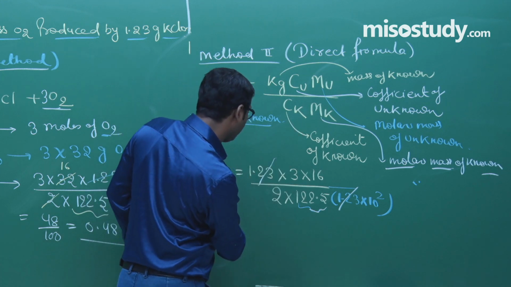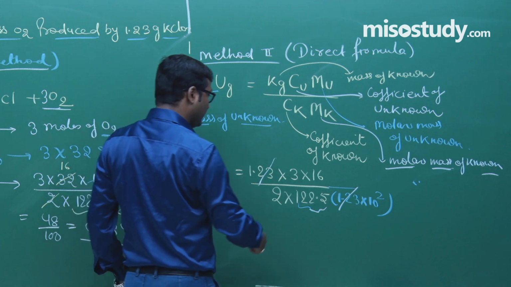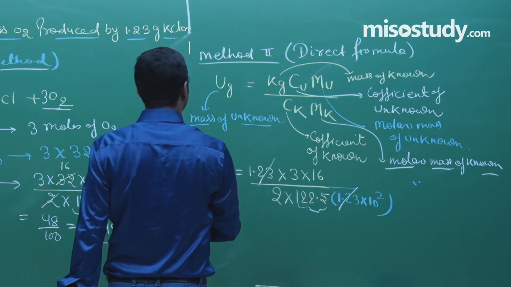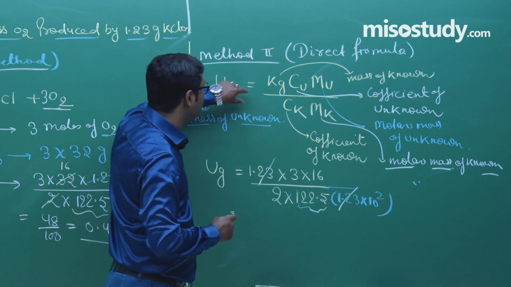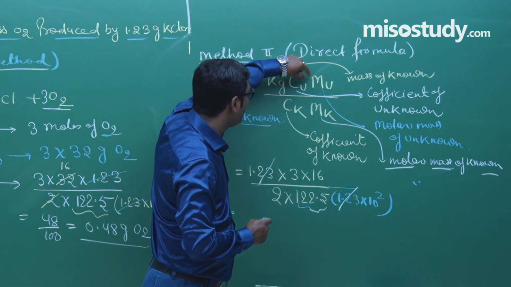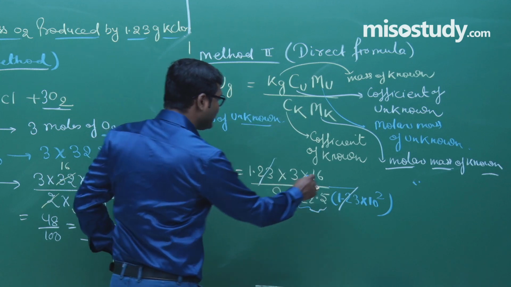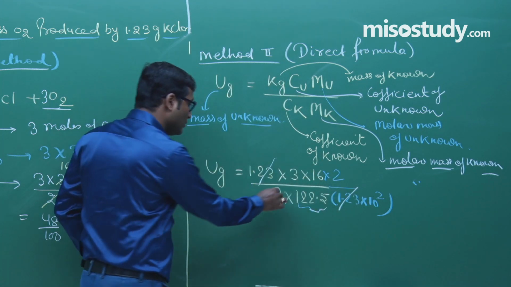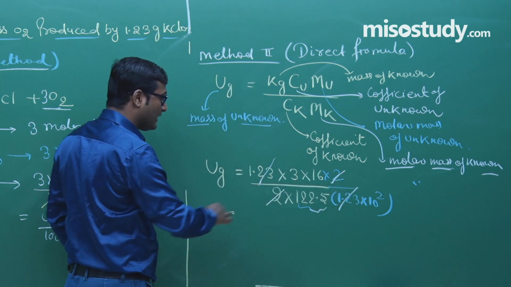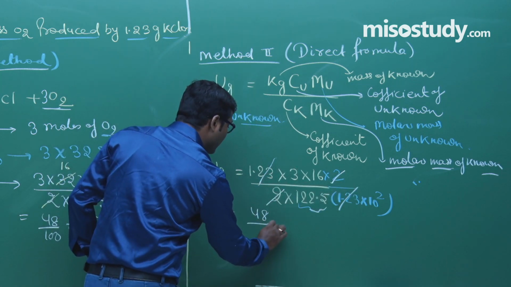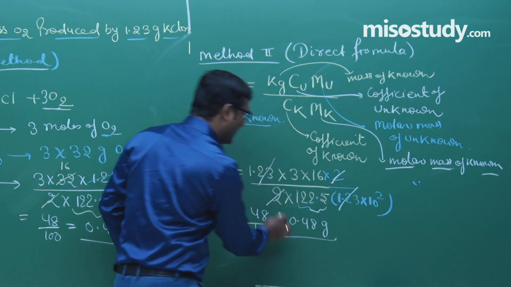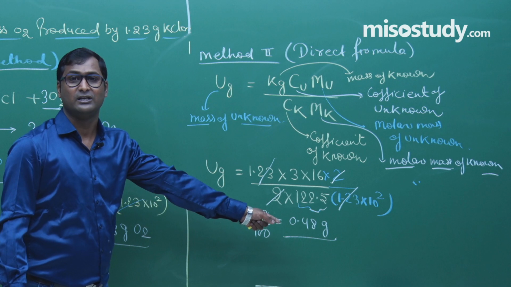What is the molecular mass? 16 into 2, molecular mass of oxygen is 32. This will cancel this one. That is 48 upon 100, that is, my friend, 0.48 gram. This is another method to solve this question.